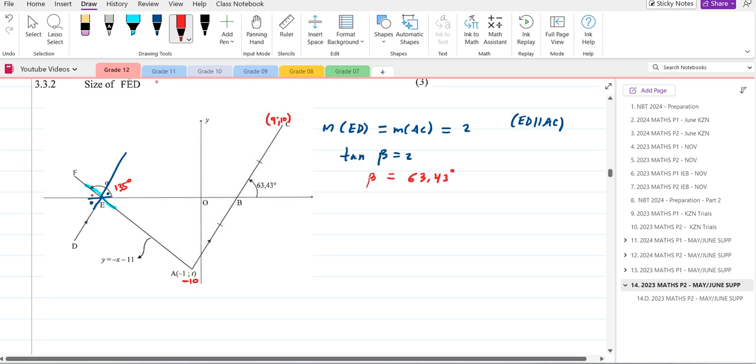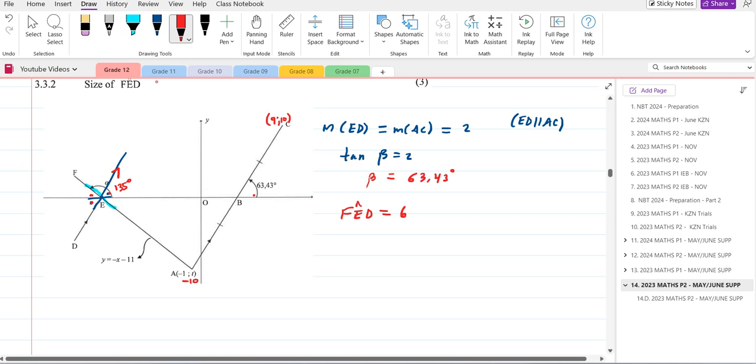Now I'm going to take vertically opposite here, so it's going to be 45 degrees. Remember we said this angle was 45. So I'm going to get angle FED. Or you can take corresponding: this is 63.43 and that's also 63.43 because the lines are parallel there.